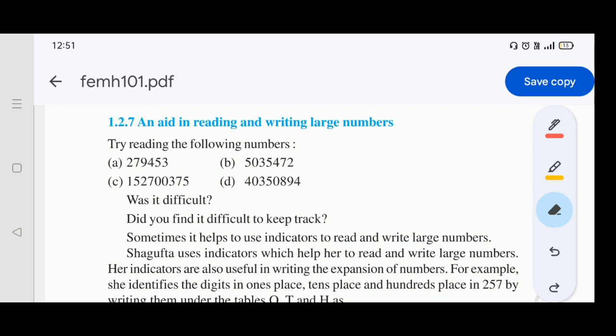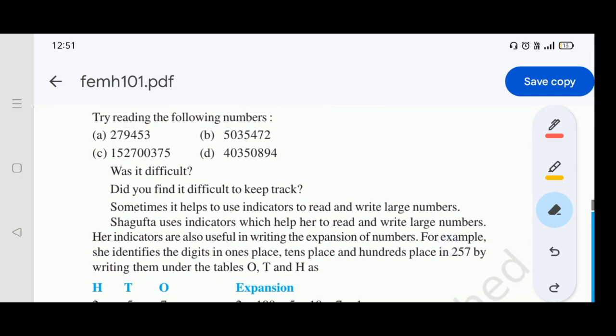Sometimes it helps to use indicators to read and write large numbers. Shagufta uses indicators which help her read and write large numbers. Her indicators are also useful in writing the expansion of numbers.